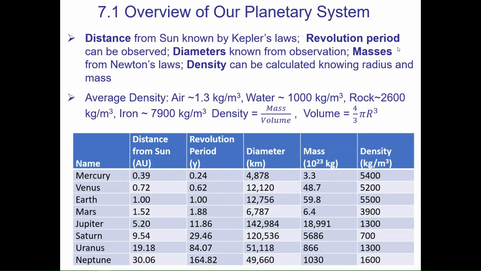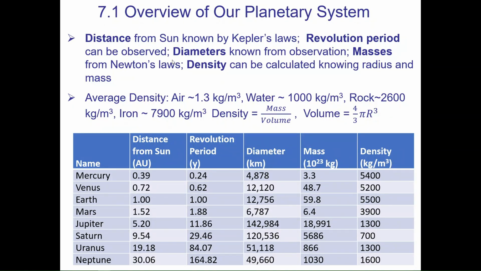That is how long it takes for a planet to orbit once around the sun. And this period has a relation with the semi-major axis, or the average distance of the planet to the sun. So therefore, we can get the distance from Kepler's law.